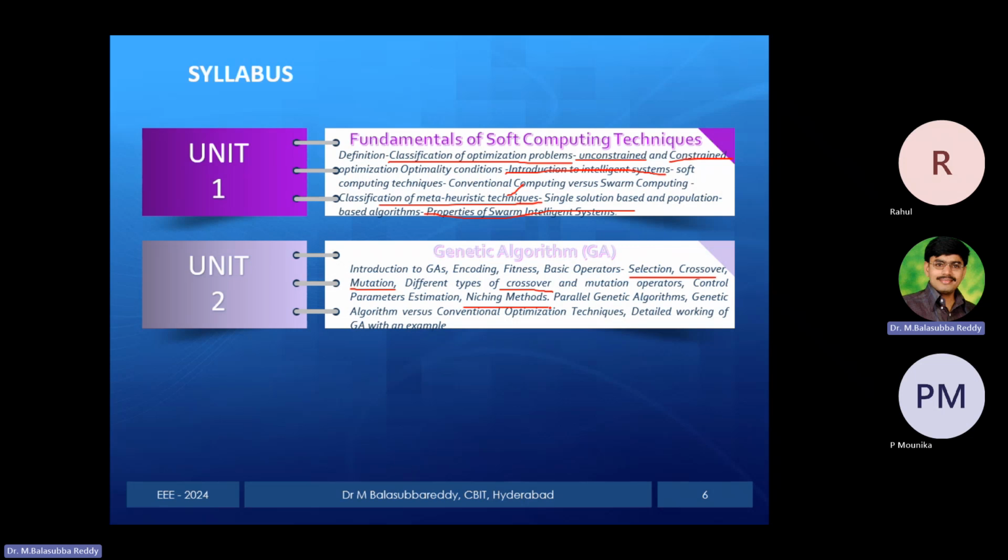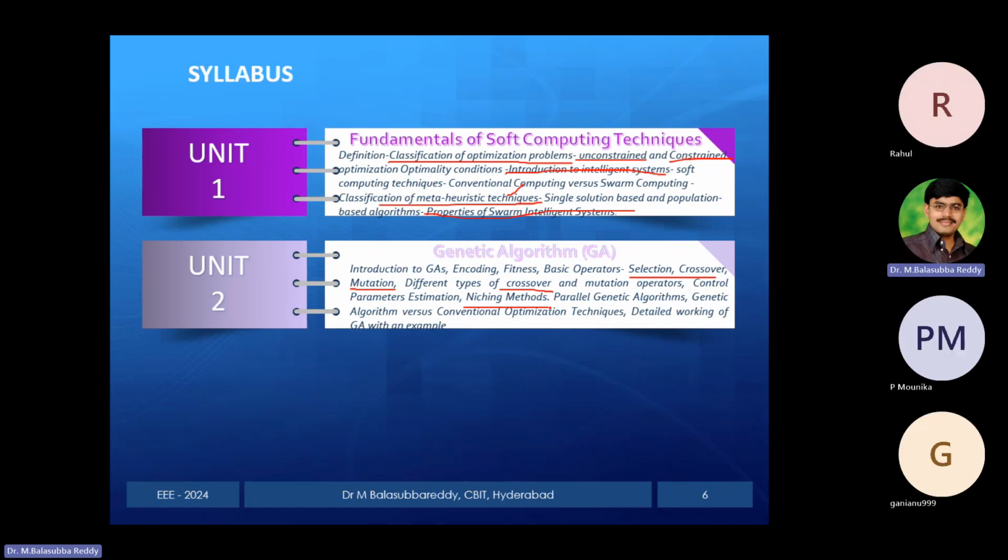So now we'll take one small example, like a test function. In that test function, we are going to solve an optimization problem. Suppose the test function may be x1 square plus x2 square plus 3x2 plus 4. Let us assume that is the function.